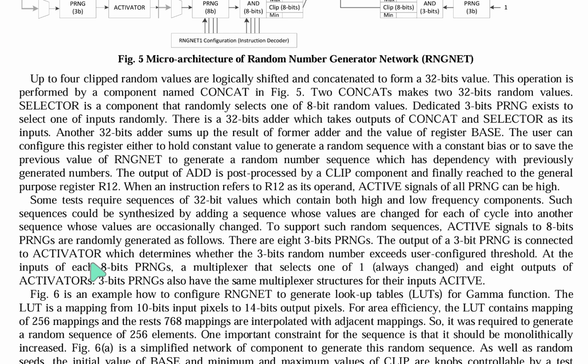At the input of each 8-bit PRNG, a multiplexer selects one of the always-changing signals or the 8-bit outputs of the activators. 3-bit PRNGs also have the same multiplexer structures for their input active.